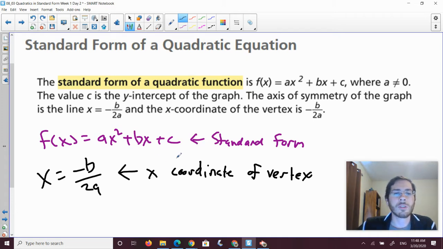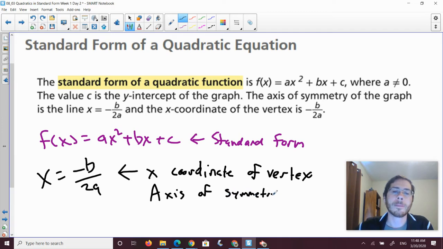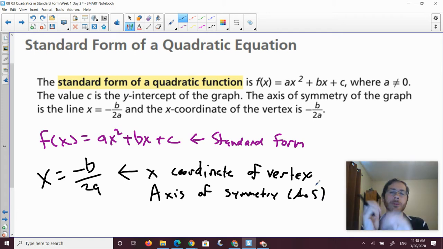So this will give us the x coordinate of the vertex, and it also gives us the axis of symmetry. Remember, the AOS is where we could fold our parabola around itself. That was where we had our symmetry. So those are our big points for standard form.